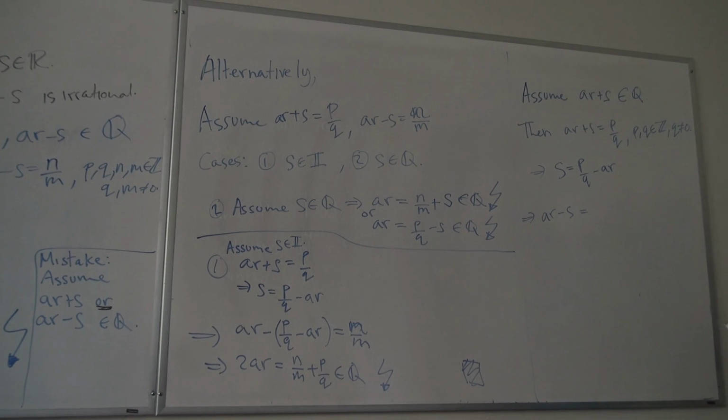how do you continue this one? Well, it'll be equal to some number x, right? And by just plugging in for S, you can prove that x is going to be an irrational number, since A is irrational. So you're going to prove that what?